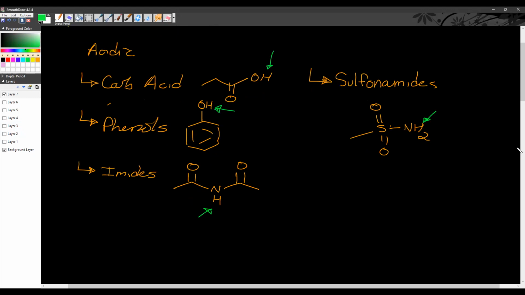All of them have acidic hydrogens. So what this means is that we have our acid, our drug structure, and in its neutral state, it has that hydrogen on it.